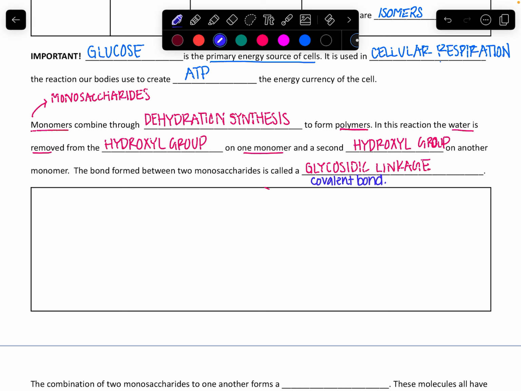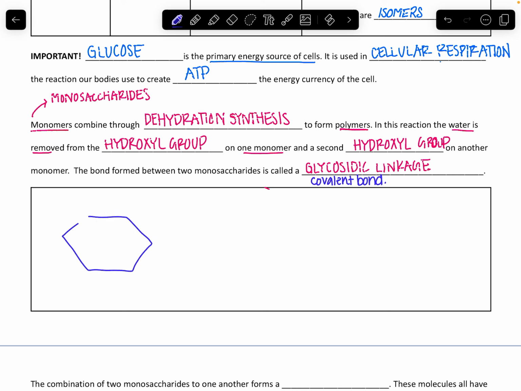Okay, so I'm going to draw two monosaccharides down here. I'm going to draw two glucose molecules, and I'm just going to do a really simple drawing of these to make it a little bit easier. Okay. So I'm going to do two ring structures, and I feel like I want this to snap into place a little bit better, but my Apple Pen is not working super well.